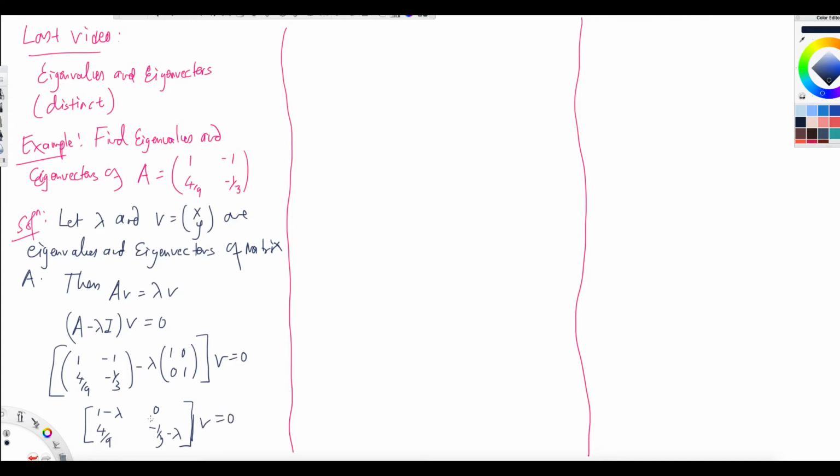So what is the characteristic equation? The characteristic equation is the determinant of A minus lambda I equals 0, right? So this is A minus lambda I, and we need to find that determinant equals 0.